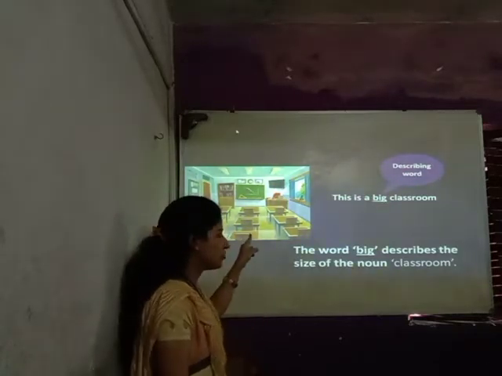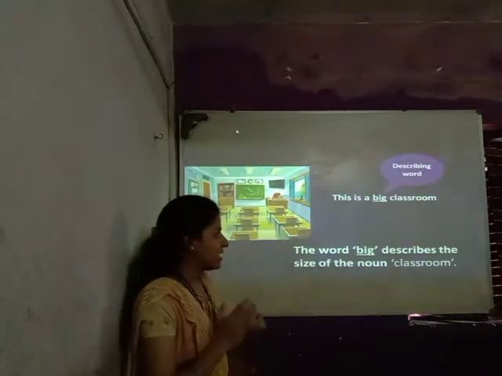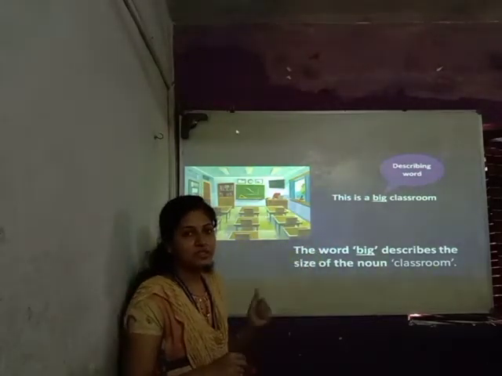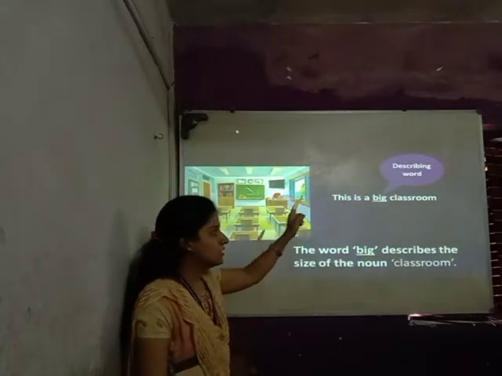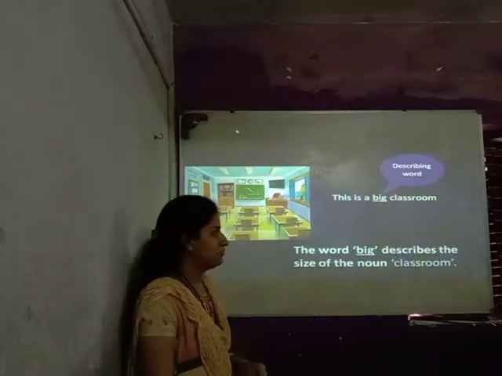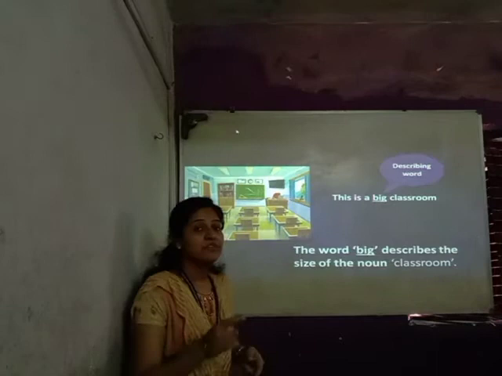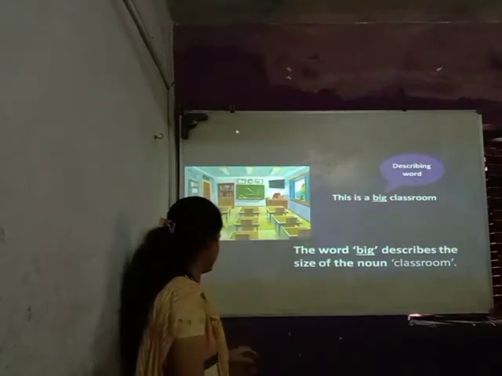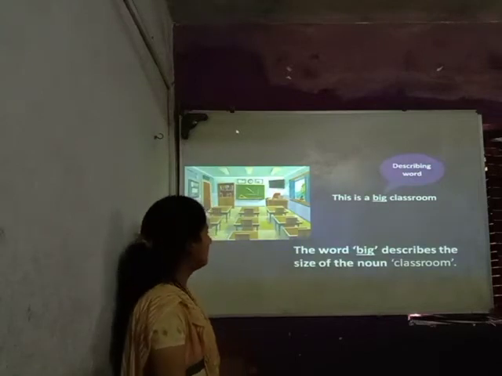This is a classroom but it is a big classroom. So, in this sentence, big is the describing word and classroom is a naming word, or we can say a noun also. Now see the next example.